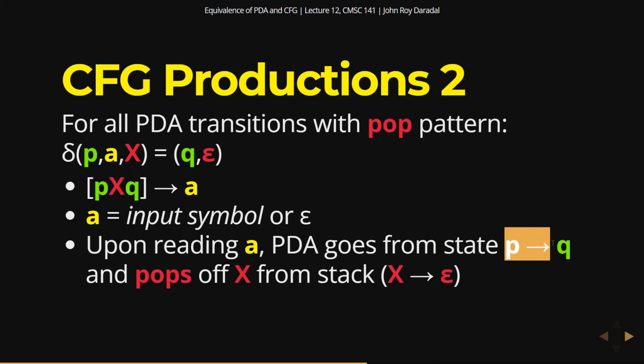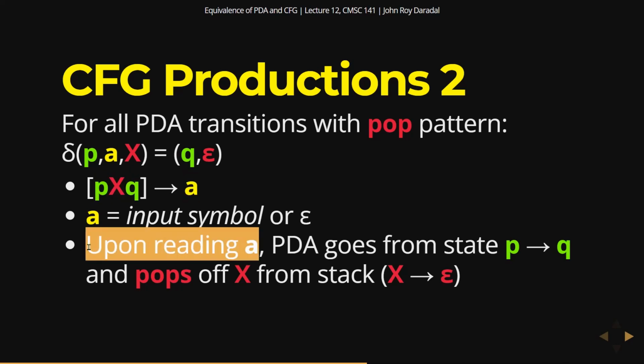It goes from state P to Q, so from P it eventually ends up in Q, and it pops off X and its replacement from the stack. So it's exactly this one. That's why this variable can be replaced with A, because this happens upon reading A.